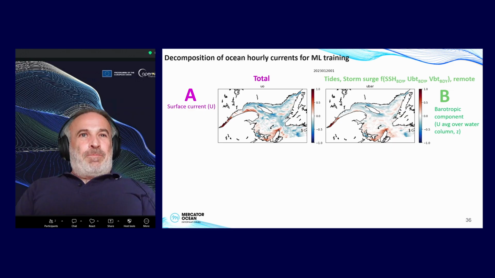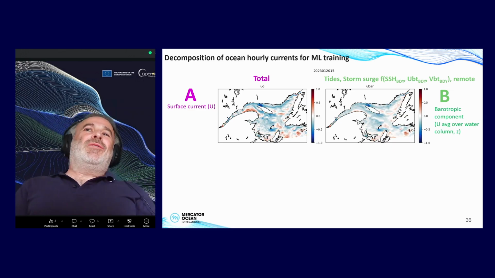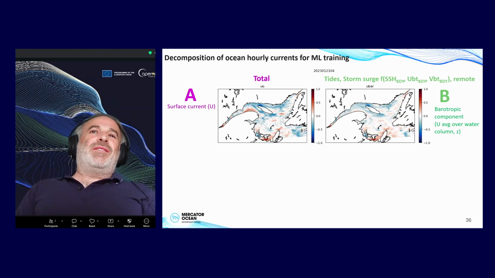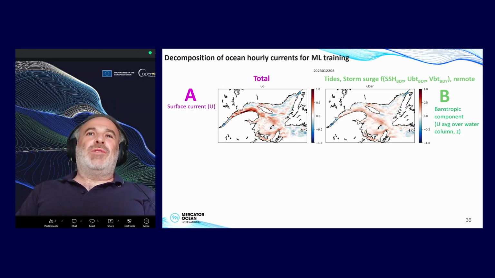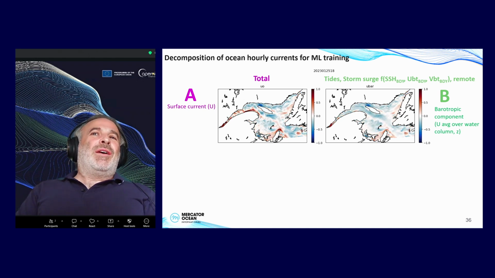Here, what I do is I look at the vertical average of the water column, the U component average over the water column, and as you can see, it's mainly driven by the boundary.